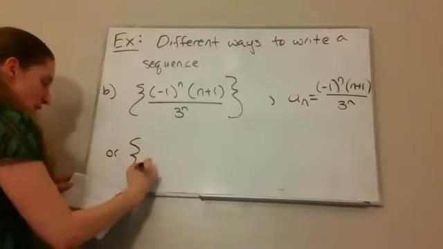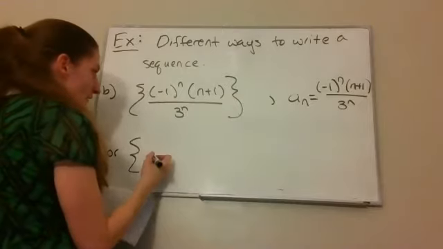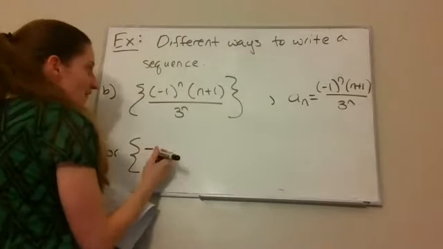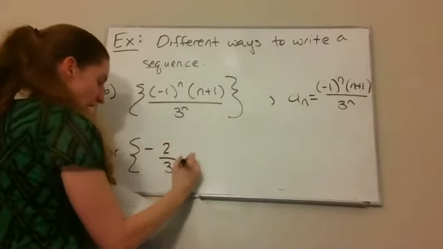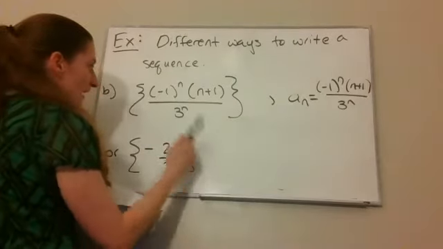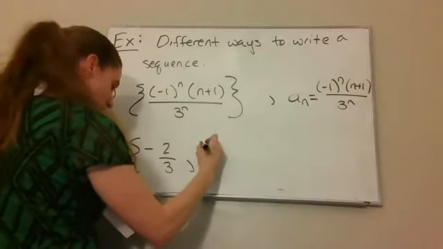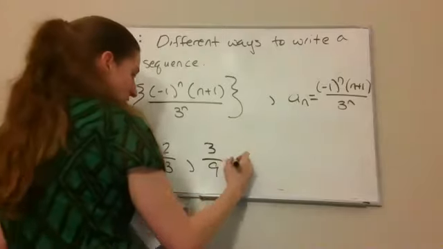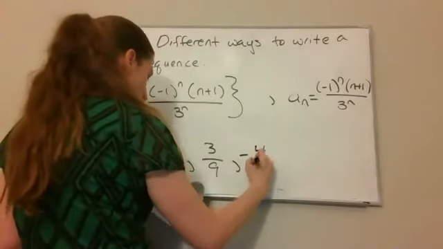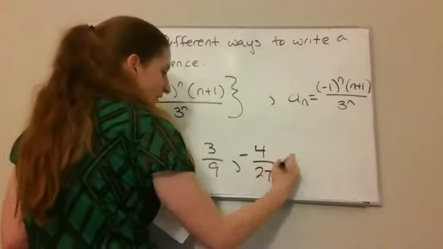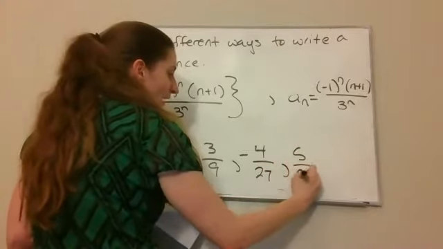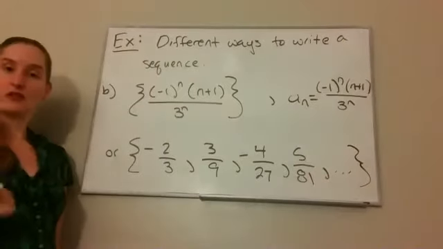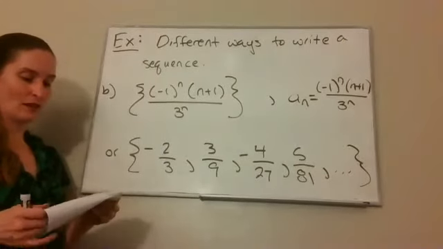Or we could list out a bunch of terms like we did with the last one. So if I plug in a 1 for my n, I'm going to get -2 over 3. And when I plug in a 2 for my n, it's going to be positive 3 over 9, which we could simplify. I'm just not going to right now. My next term would be -4 over 27. Then we get 5 over 81. And so on. All of these are just different ways of writing the same sequence.